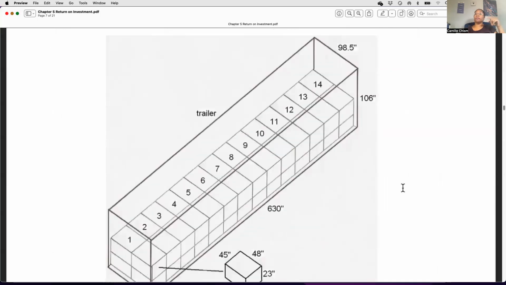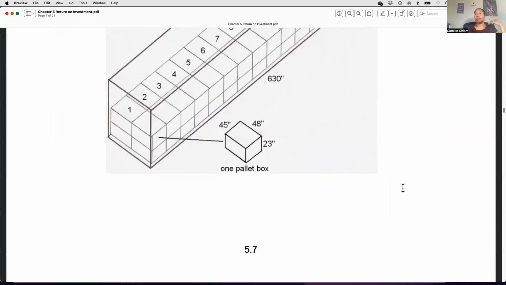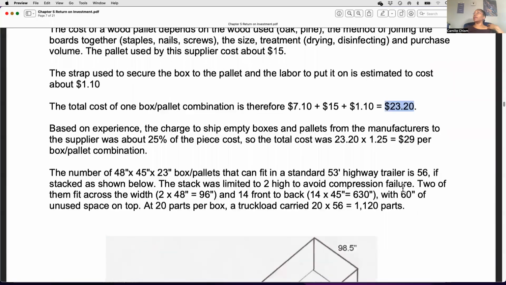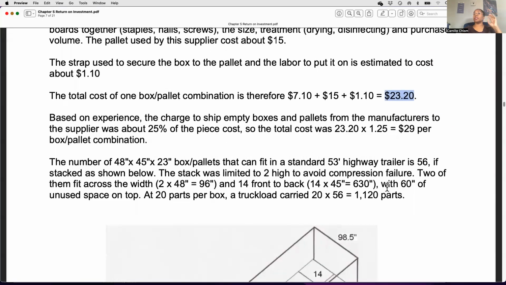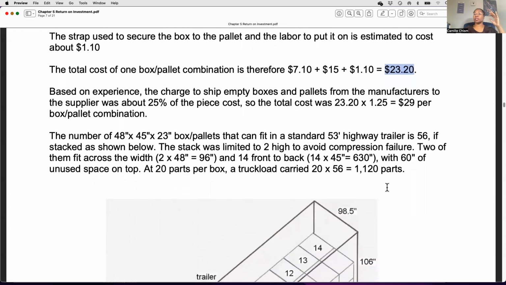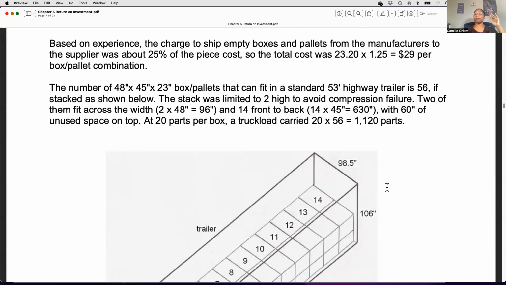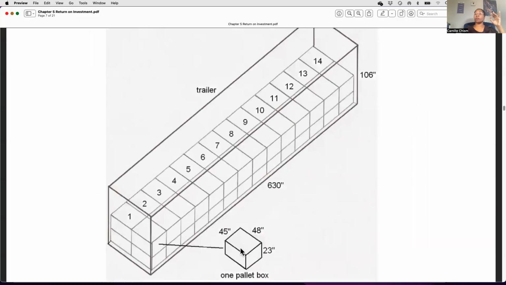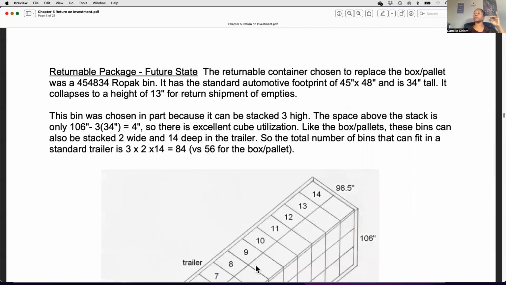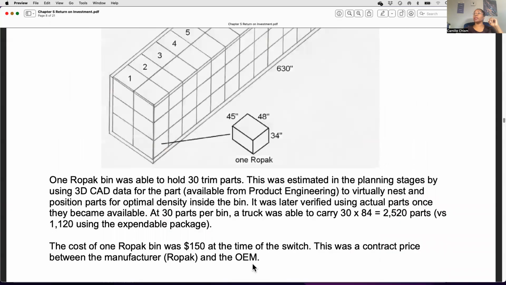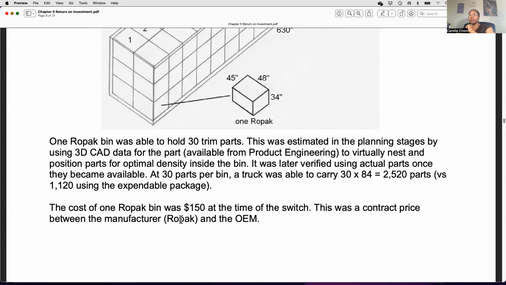So now we're remembering those prices. $23.23 is the cost of the existing return expendable pack, this smaller 23-inch box. Now we know that the RoPac bin cost $150.